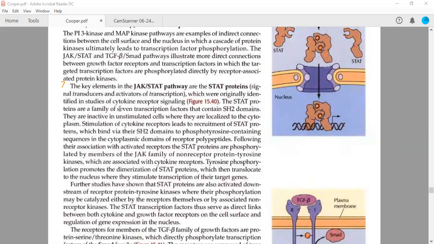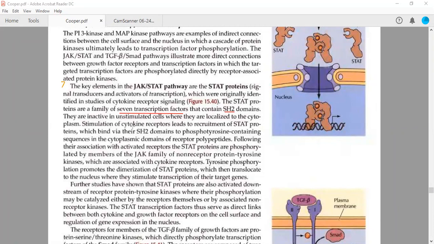So 7 transcription factors that contain the specific domains, SH2 domains, so that they can interact with phosphotyrosine residues. They are inactive in unstimulated cells where they are localized to the cytoplasm, but they will translocate into the nucleus after being activated by certain cytokines or some growth factor binding.